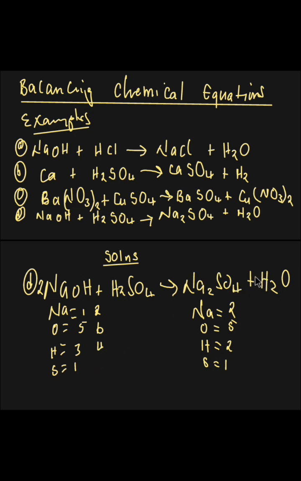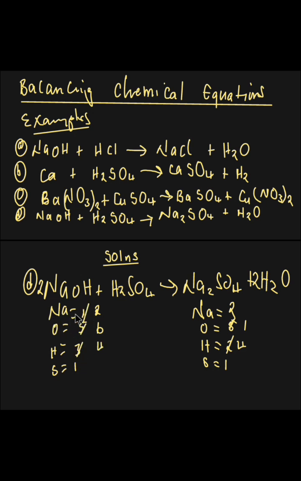So if we put the smallest number there so that we balance hydrogen, 2 times 2 we have 4. Then it means that we have 2 atoms of oxygen plus 4 atoms of oxygen, so in total we are going to have 6. Now these will balance.